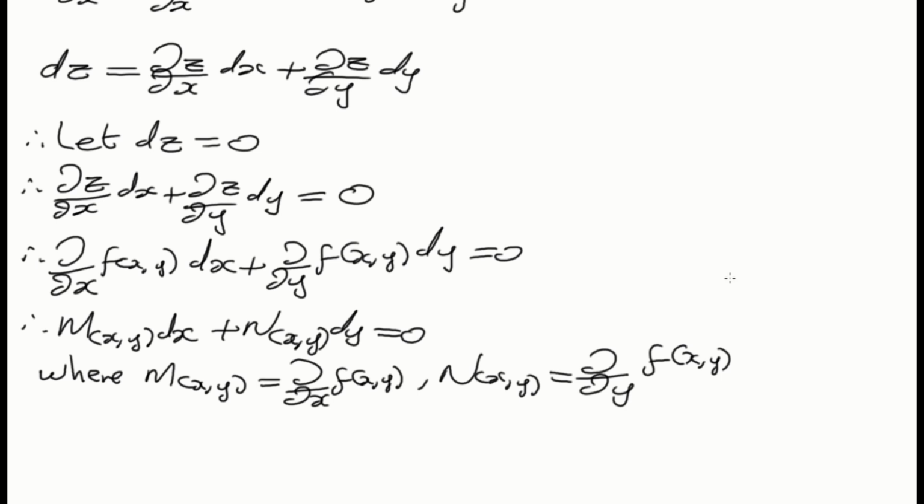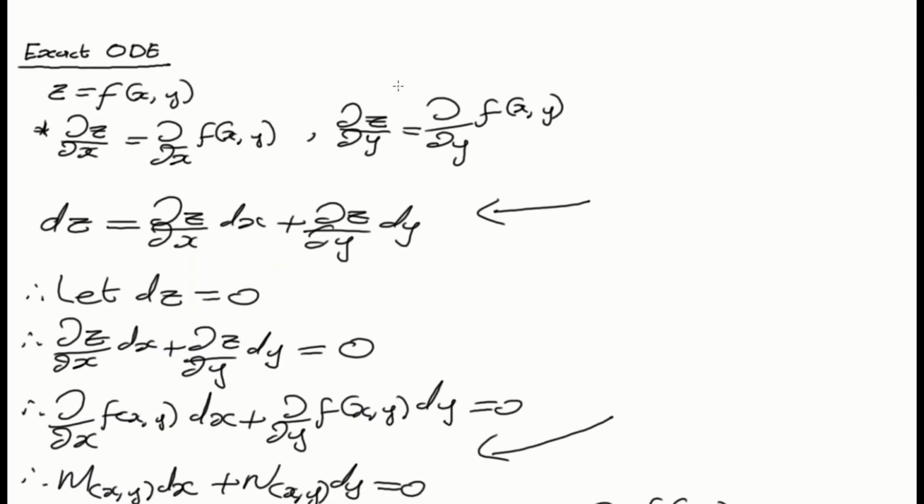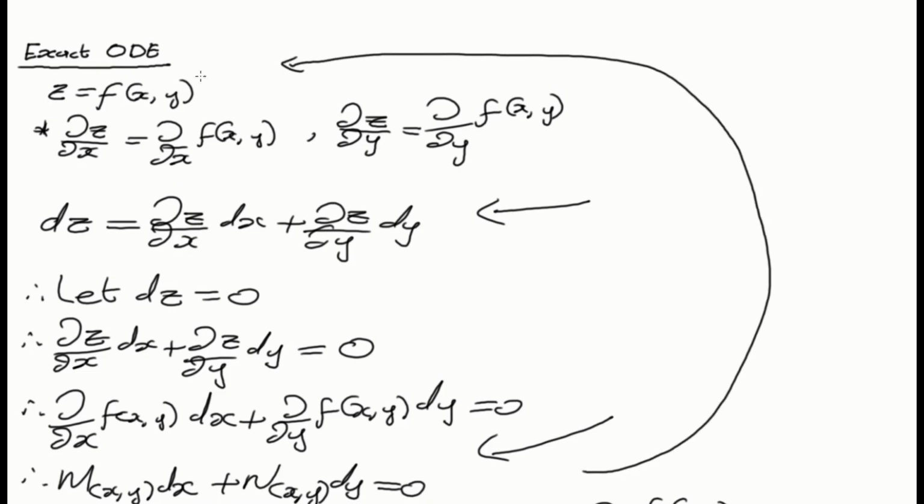As you can see, this differential equation developed from a differential of the f of xy function, which is therefore our task now to obtain as a solution. So we have to go from this differential and recover the solution, this f of xy.